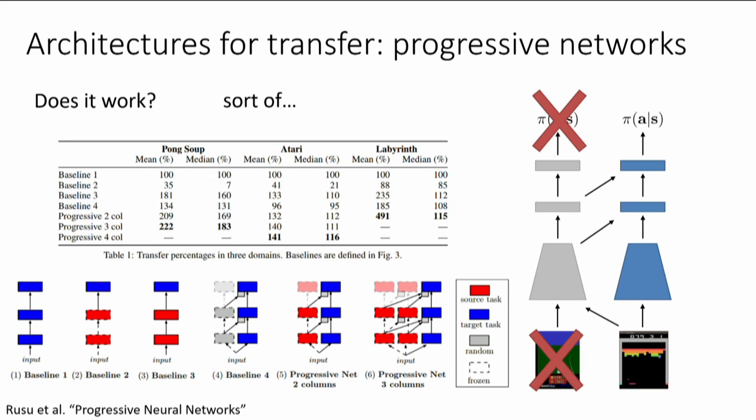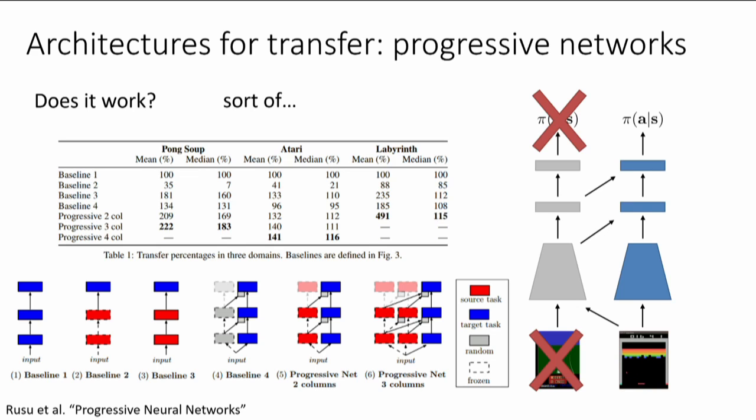And the baselines are the following. Baseline 1 is just train on the target domain from scratch. Baseline 2 is the thing that I described earlier, when you freeze the entire network and only train the top layer, so you only fine-tune a few parameters. Baseline 3 is essentially fine-tuning everything: you transfer the model from the source task and fine-tune the whole thing. Baseline 4 is kind of a degenerate progressive network.